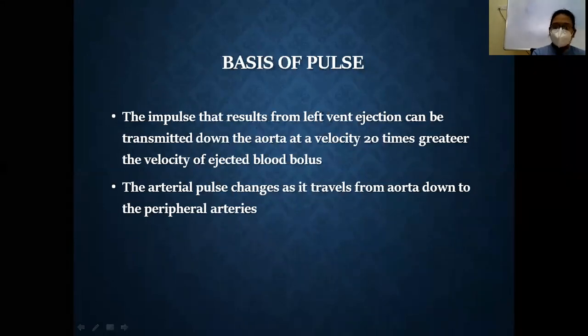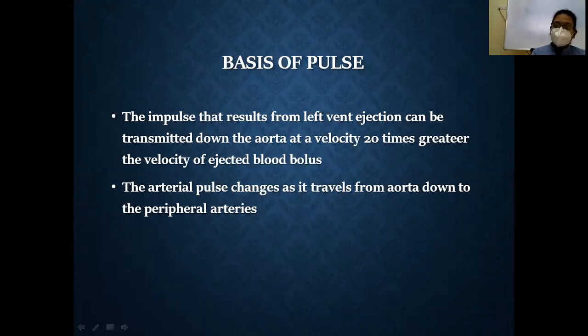Whatever impulse was generated because of left ventricular ejection is transmitted down the aorta at a velocity almost 20 times greater than the velocity of the ejected blood bolus. That's why the characteristics of the arterial pulse change as it travels from the aorta down to the peripheral artery.